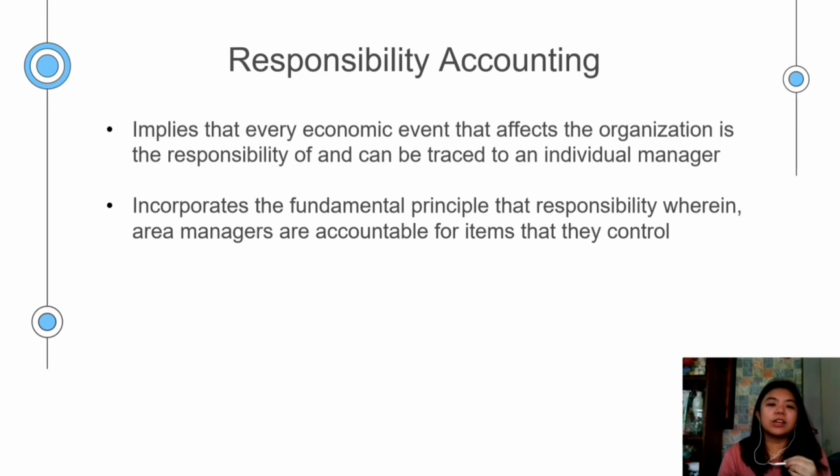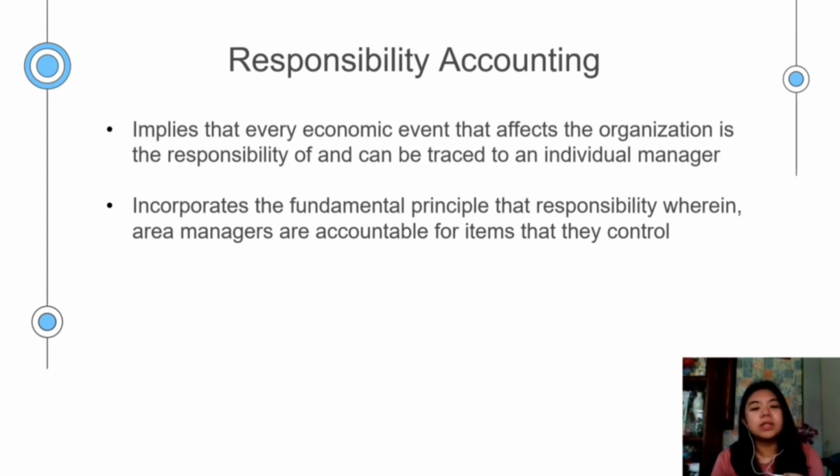Next in our discussion is the responsibility accounting. It implies that every economic event that affects the organization is the responsibility of and can be traced to an individual manager. Nadidistribute yung responsibility in each of the departments at hindi lang centralized yung decision natin.